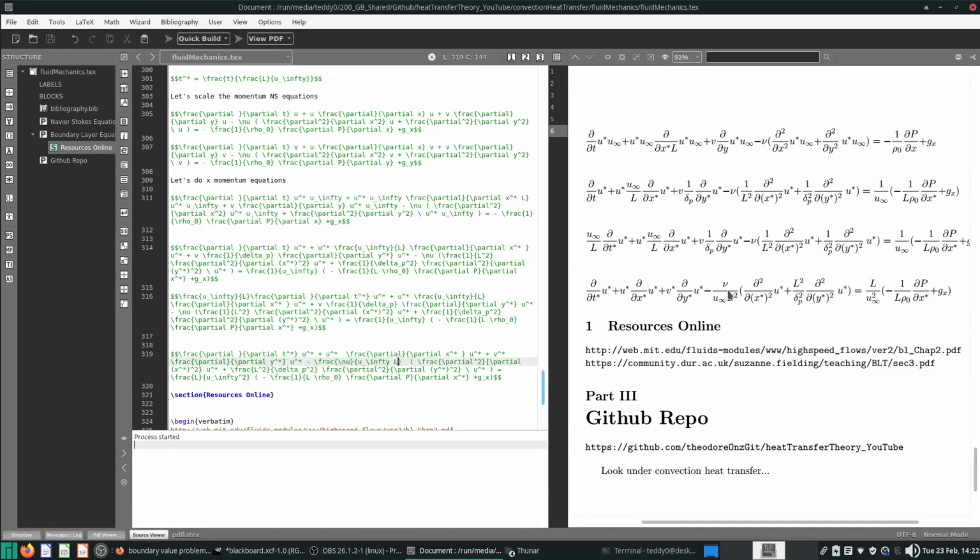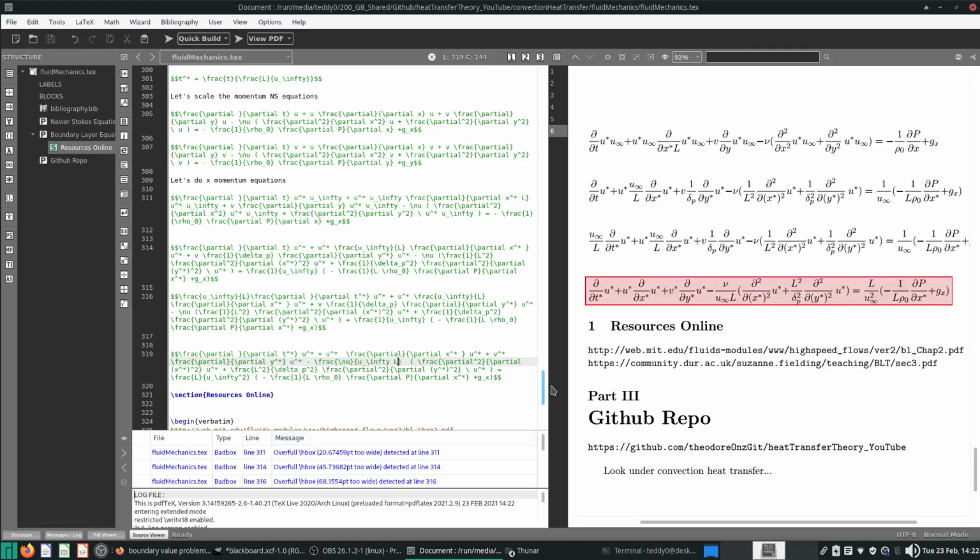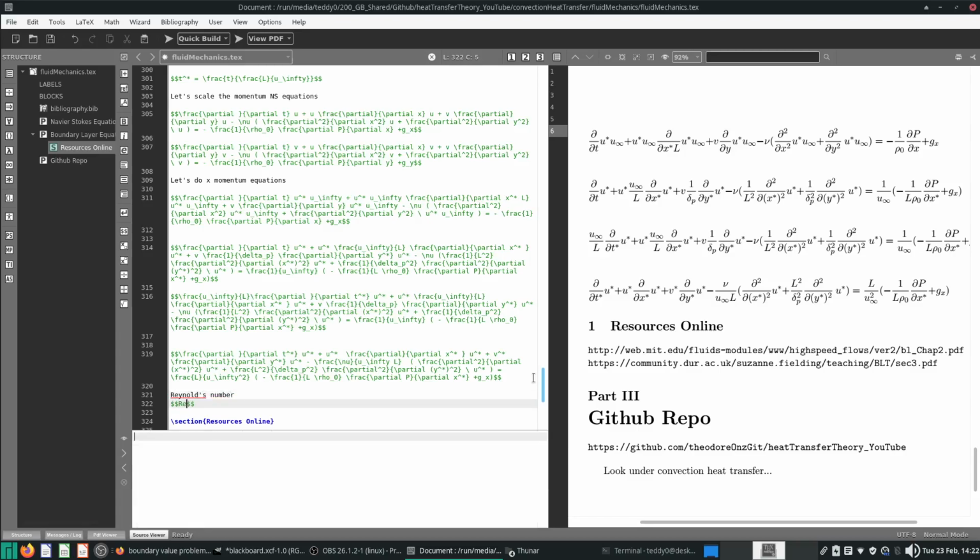And what do we notice? This here actually is a Reynolds number. Nu over UL is actually 1 over the Reynolds number. So let's write the Reynolds number: Re with the subscript L, which is of course in the x direction.